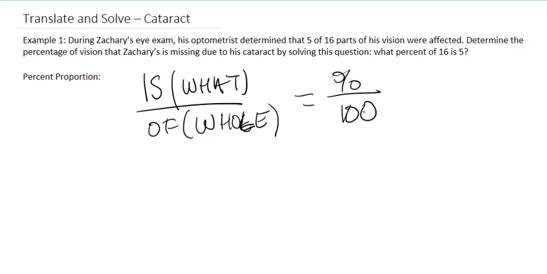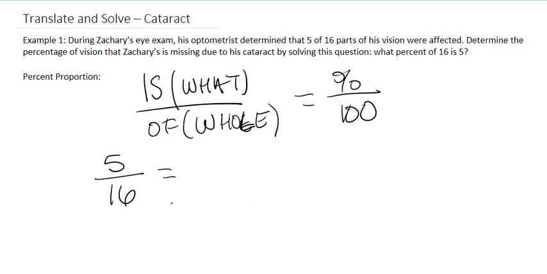Going back to our problem, we know is 5, so the 5 is our numerator and we'll put 5 on the top. Then we have of 16, which is our denominator below.